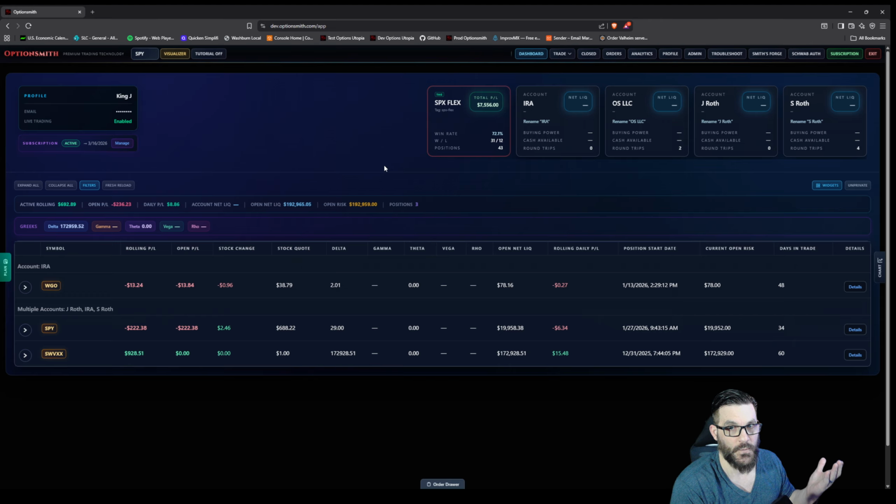And that's the reason why we're able to make the trading platform only a $10 per month subscription instead of what normal platforms tend to charge, which is like $80 to $100 a month. So because of that, we're able to keep the Optionsmith subscription where it's at, and we have no plans for increasing that.